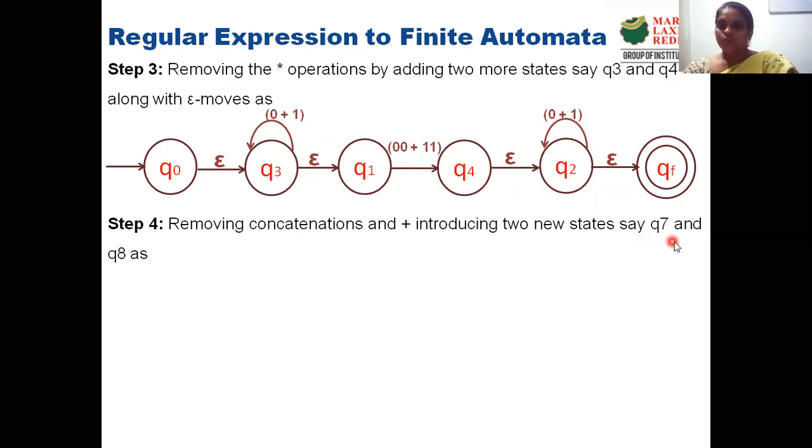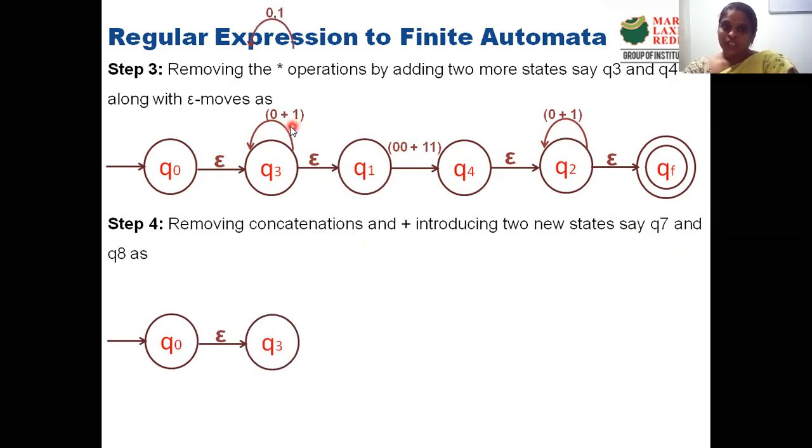So q0 has no change, and q0 on epsilon will be moving to q3, and here also there is no change, where on q3 the 0+1 will now be written as 0,1. So 0+1 indicates either 0 or 1.